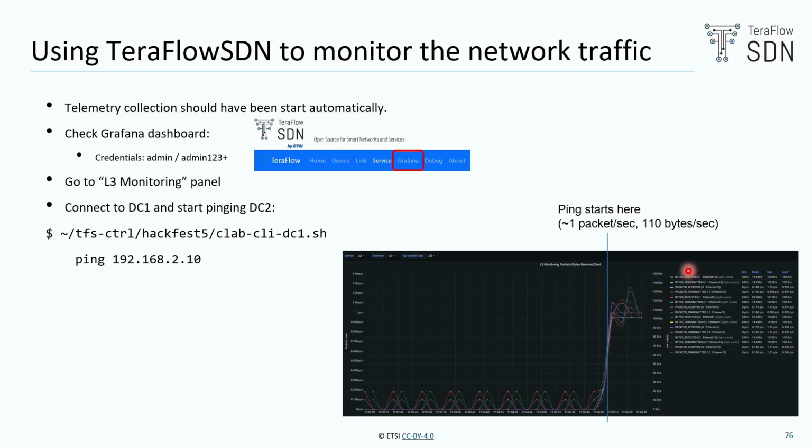What you should see is that in the list you have for each specific interface the legend with the summary of values, and while the experiment is running, you see just a few packets in the background that are used to check that the link is active between the routers. But when you start the ping, you get approximately what ping generates, that is approximately 1 packet per second and around 100 and something bytes per second.